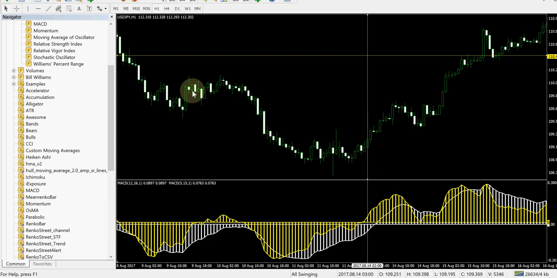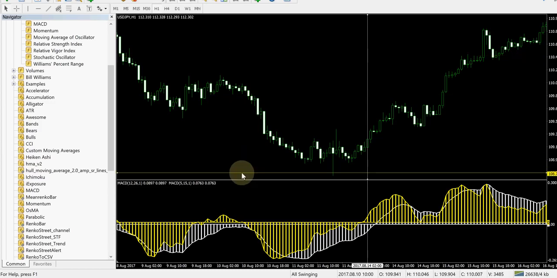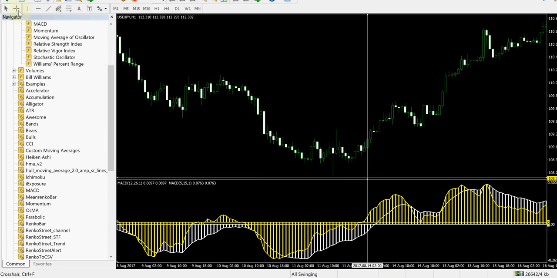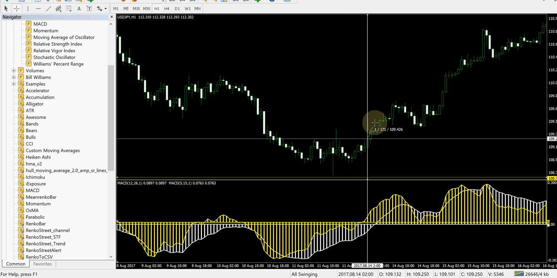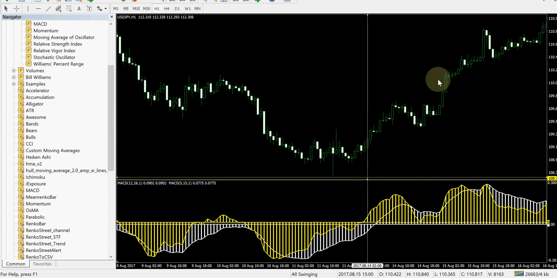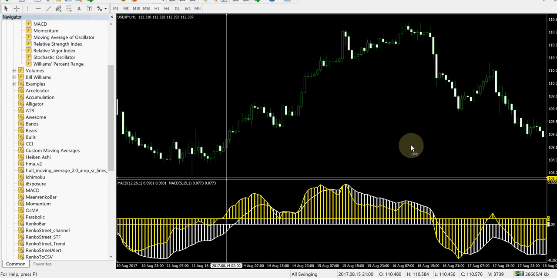That's a buy trade. We put a stop loss just below this swing low, and we are looking for 40 pips from our buy position. Do we have 40 pips? Yes, we have 40 pips. We actually have more than 40 pips, 154 pips. So we move on to the next trade.